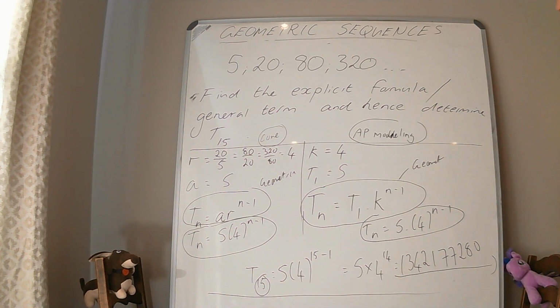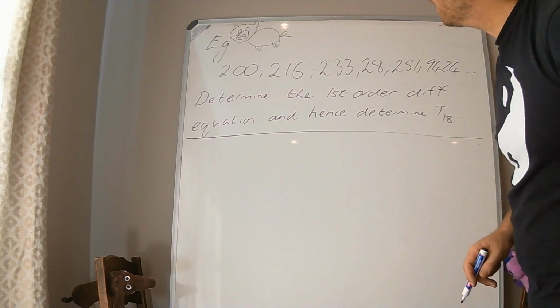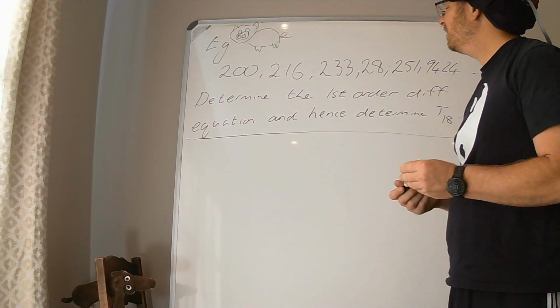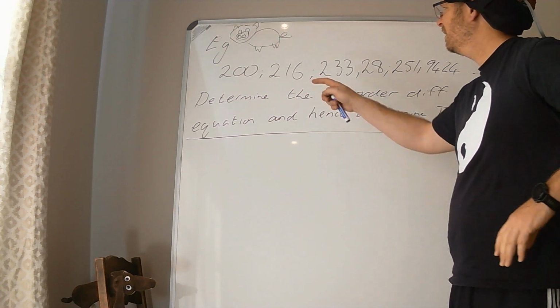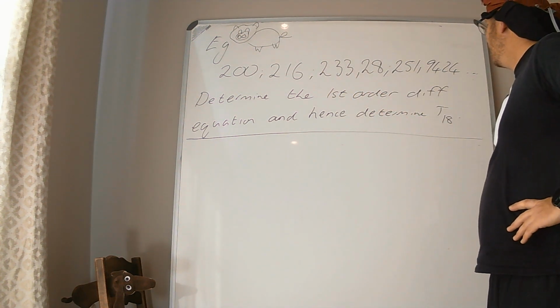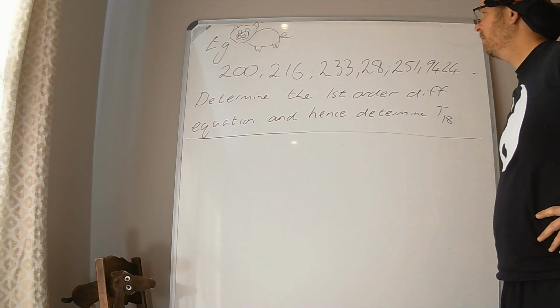Right, get that down, press pause, copy it down. Right, so the next example is you've got the sequence 200, 216, 233,28, 251,9424.